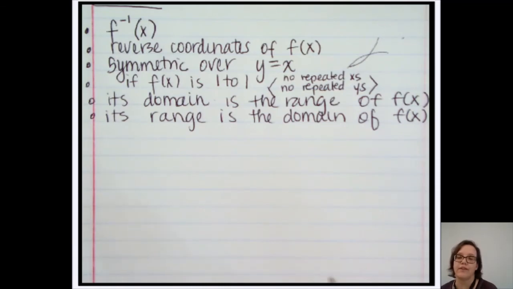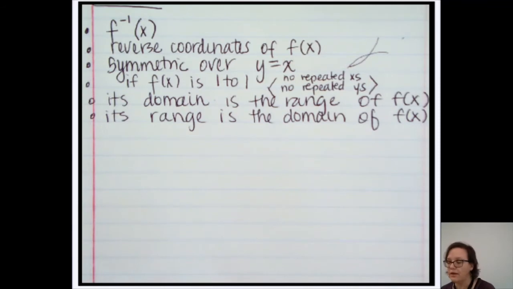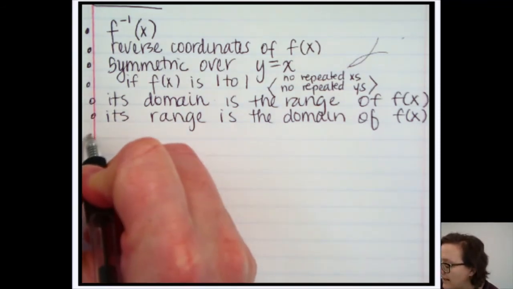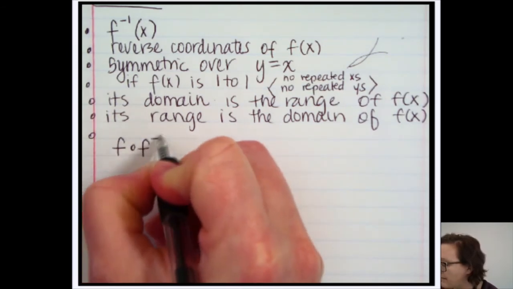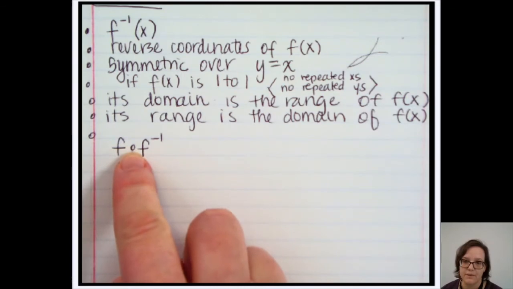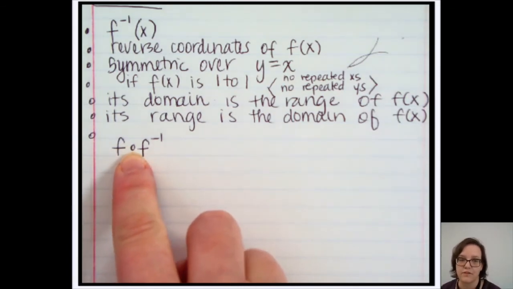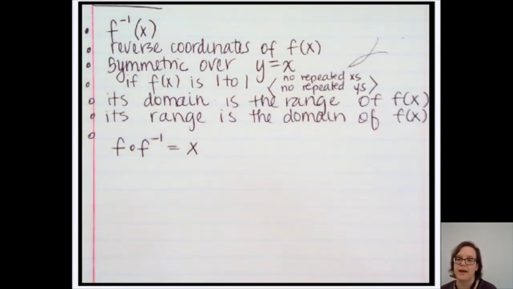All you have to do is find the range of your original function, and that will help us out. Something else we need to look at today is that when you take a function and its inverse and do this, do you remember what that little dot means? That's a composition of functions. When you do that, it always gives you x.